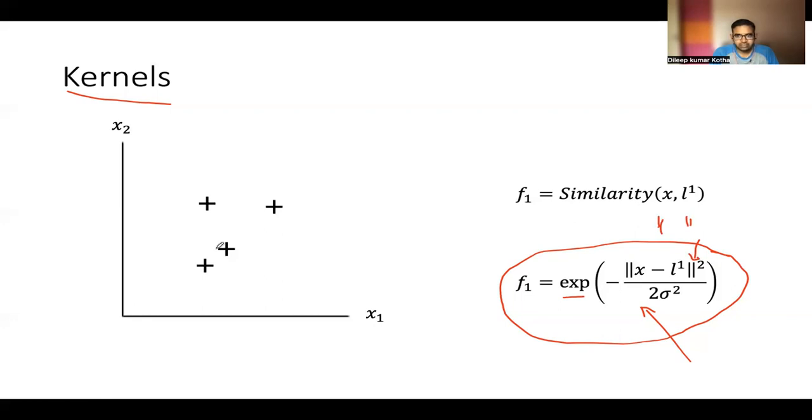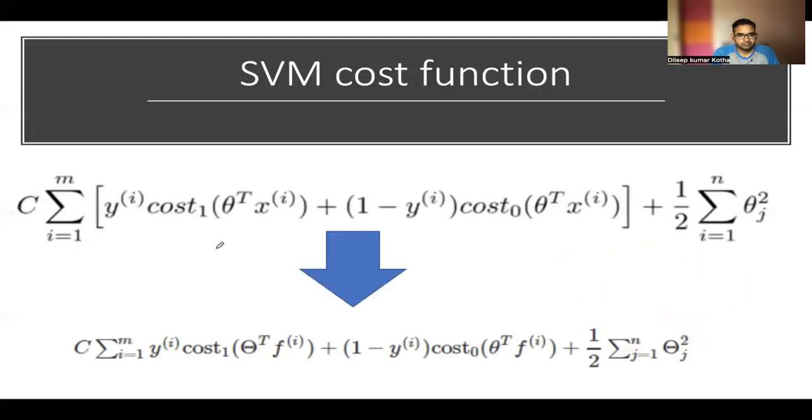And we use the similarity function output as input features, and we calculate the weights for them, and in the end we'll get a hypothesis that will fit our model. And so this is how the cost function is transforming.